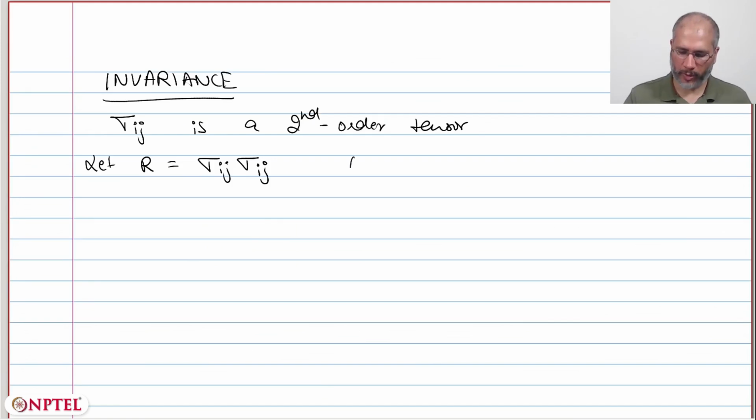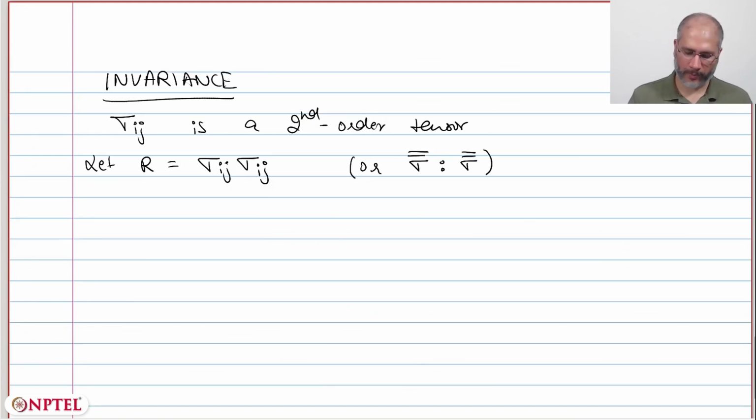So this in symbolic notation is simply the double vertical dot product of sigma with itself, but we'll keep to the initial notation. So you can see that R is a scalar, because sigma ij has no free index.